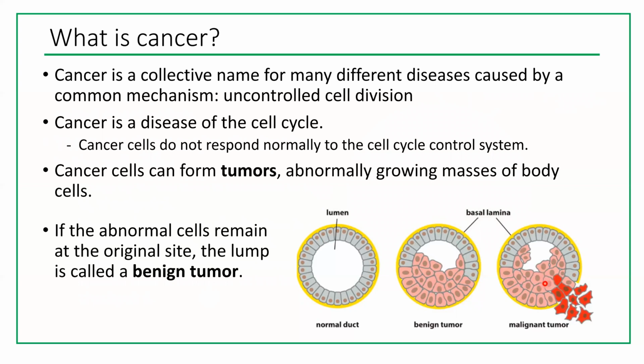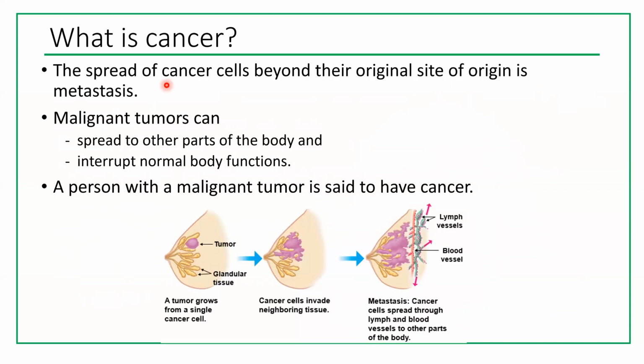But some tumors start moving through the body. It's invading other tissues. This is called metastasis, and this tumor is called malignant tumor. So the spread of cancer cell beyond the original site of origin is metastasis. Malignant tumors can spread to other parts of the body and interrupt normal body functions.